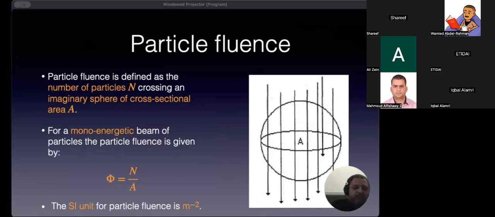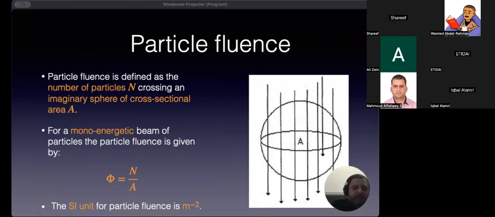So the particle fluence is defined as the number of particles crossing an imaginary sphere of cross-sectional area A. If all of these particles are monoenergetic, they have the same energy, then the particle fluence is given by just the number divided by the area.